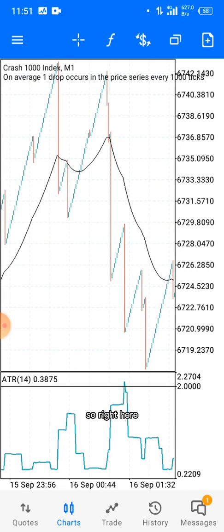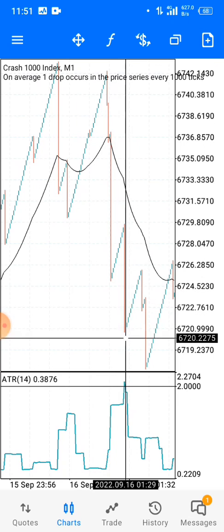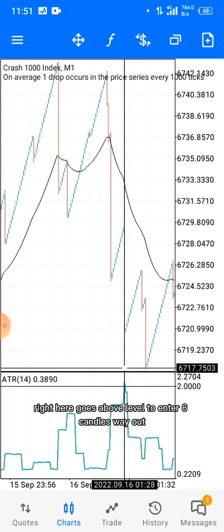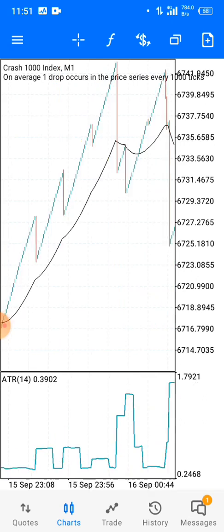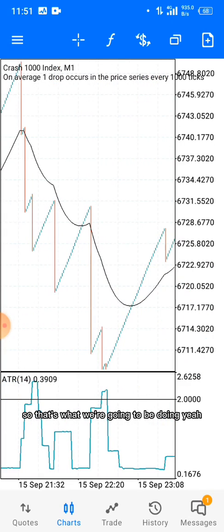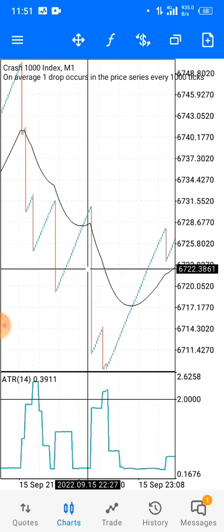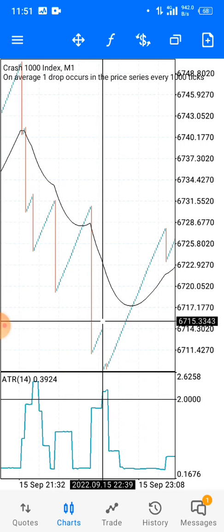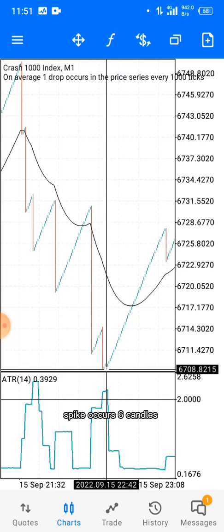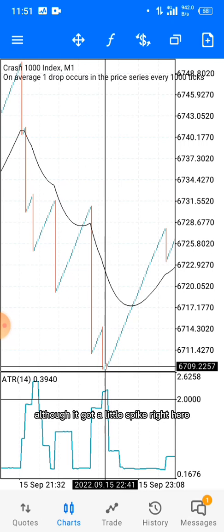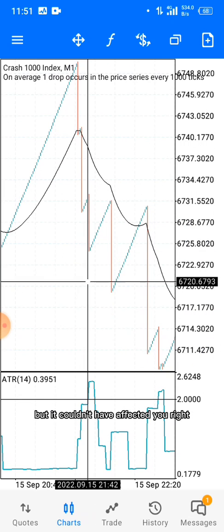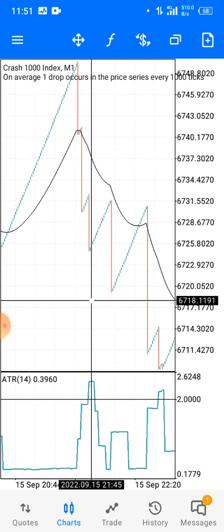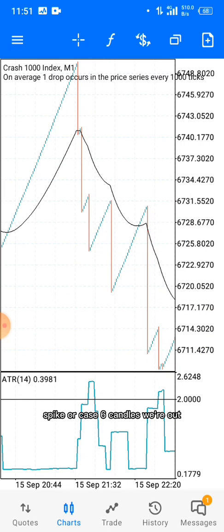So right here, a spike occurs, goes above level 2, enter, 6 candles, we're out. Spike occurs, 6 candles, we're out. Though we got a little spike right here, it couldn't have affected you, right? Right here, spike occurs, 6 candles, we're out.